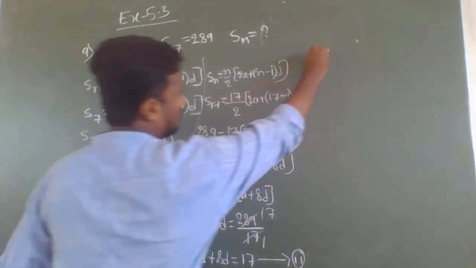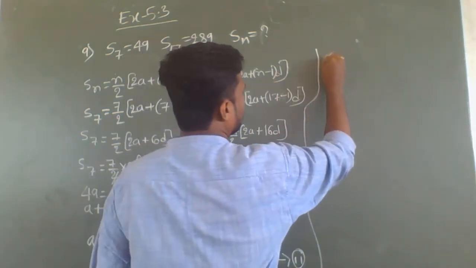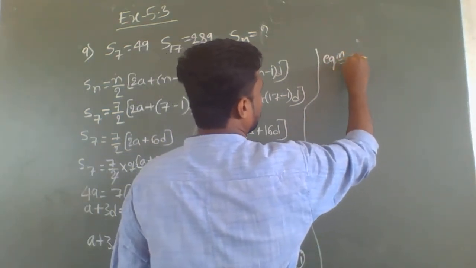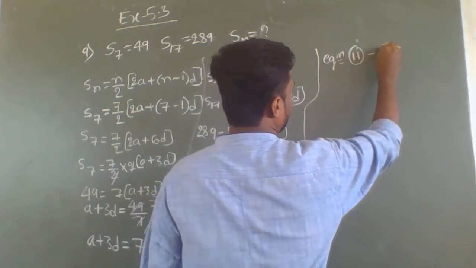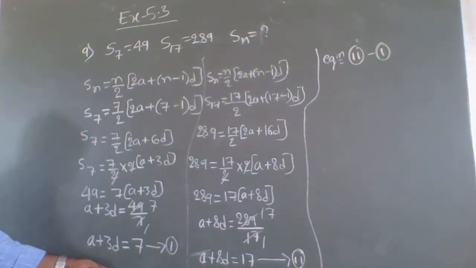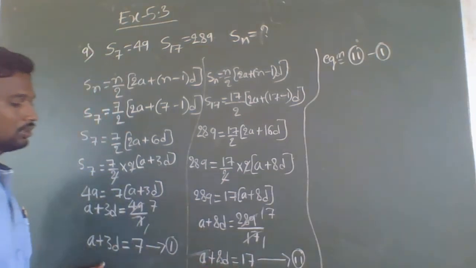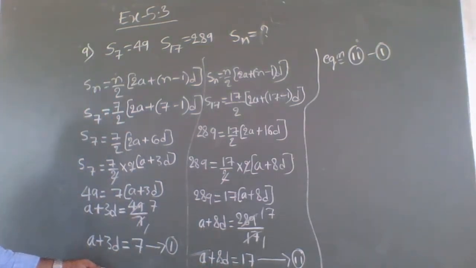So by these two equations, what can I do? Equation 2 minus equation 1. This is equation 2 and this is equation 1. So next step, what am I doing? Equation 2 minus equation 1 to get the value of d.